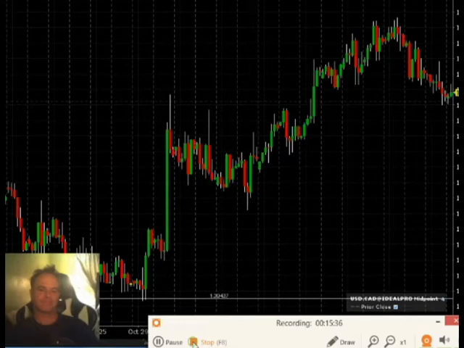Obviously, if we break here, then we may come down further, break here, and there's going to be probably a lot of stops to the upside that will get run. So I'm keeping it very simple today. Not going to add indicators. I'm just trying to give you an idea of this dollar CAD pair.